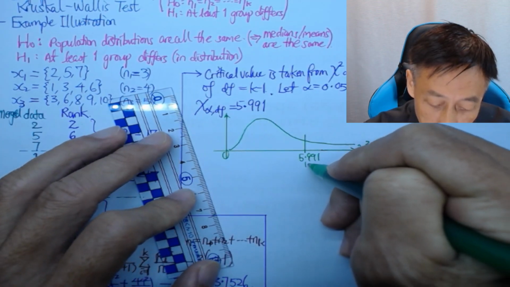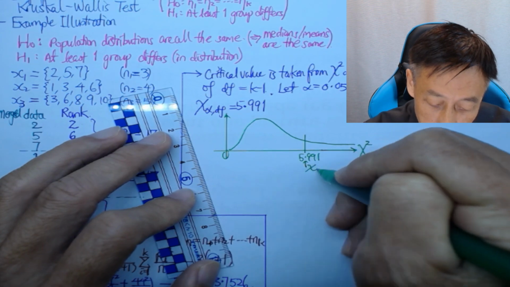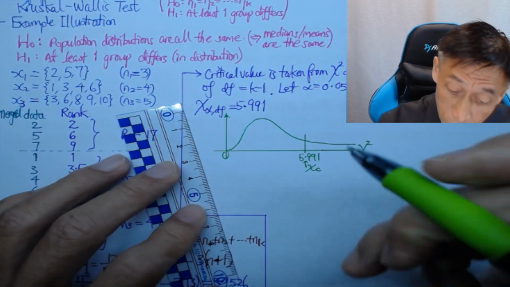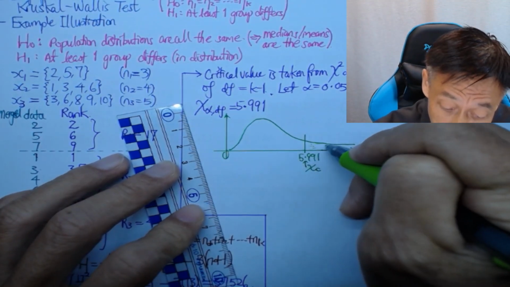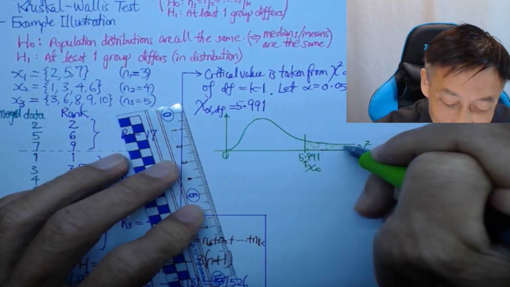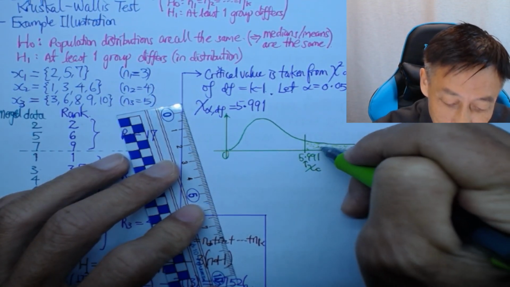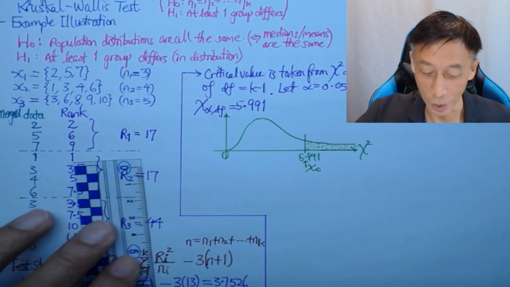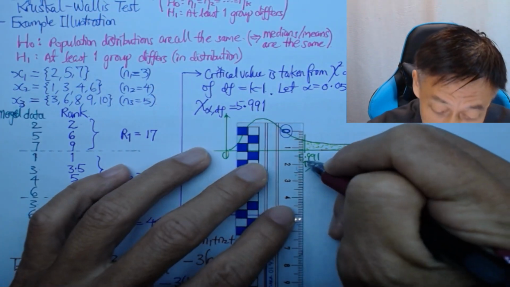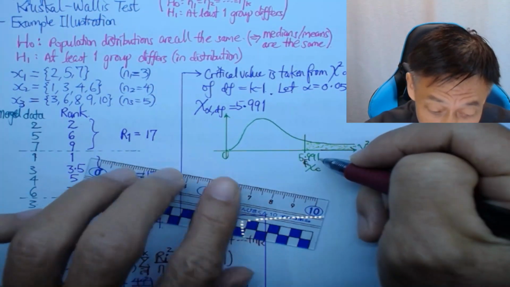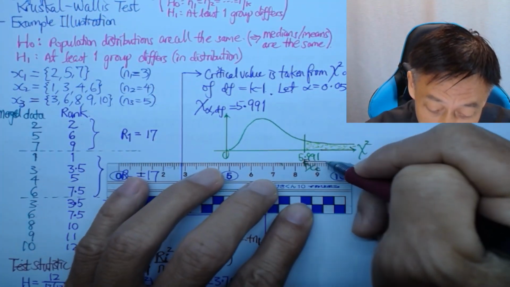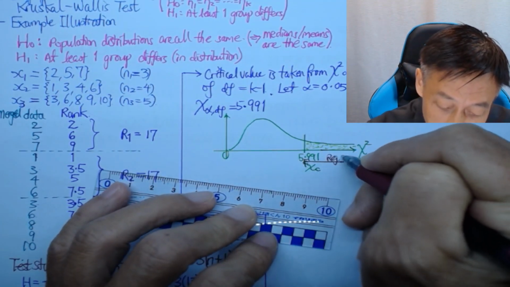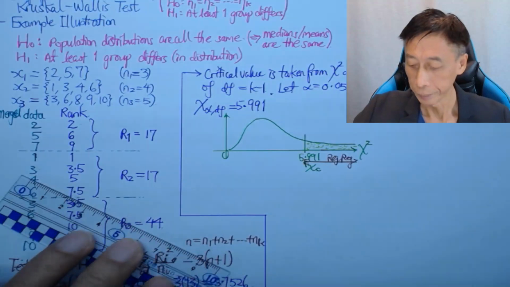So this is our chi-square distribution critical value, and it is actually an extreme value on the right side. So the rejection region is on the right side, even though it sounds like a two-tailed test. So the rejection region is like here.